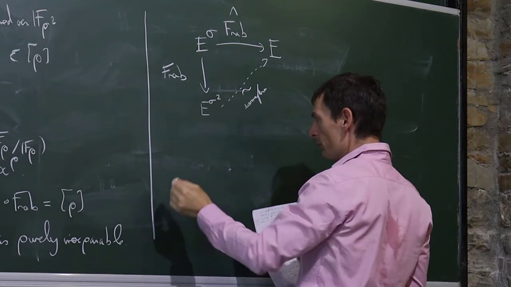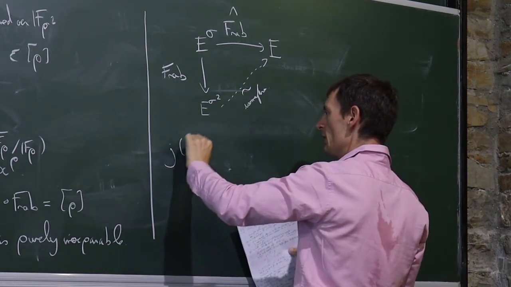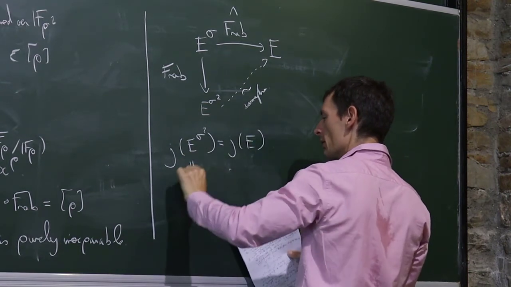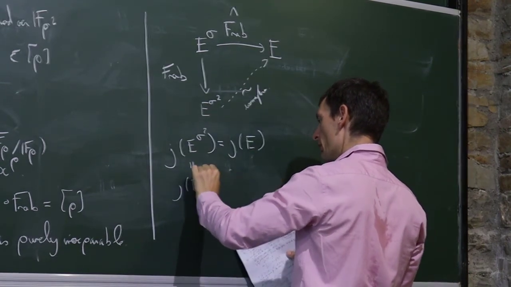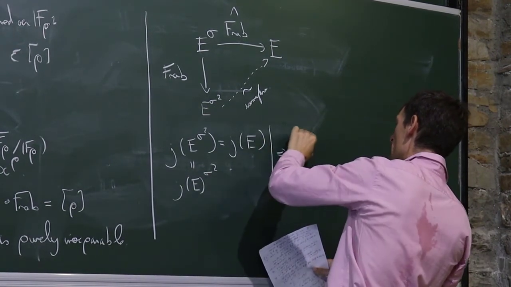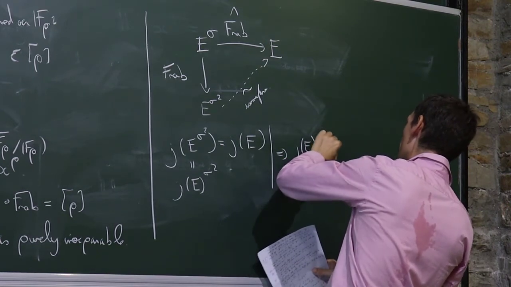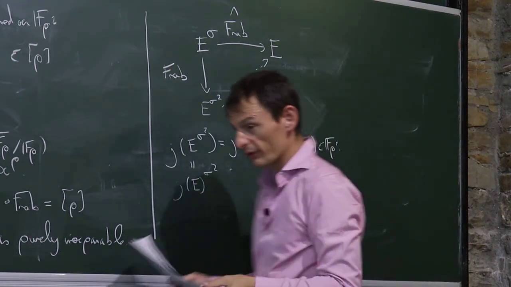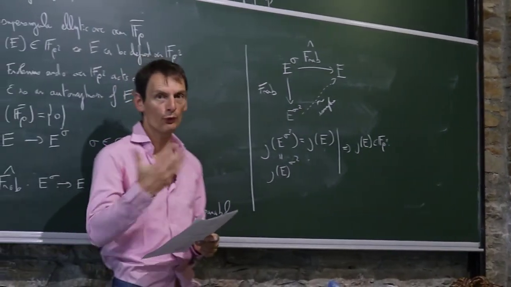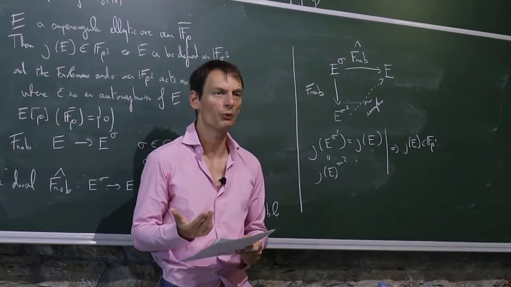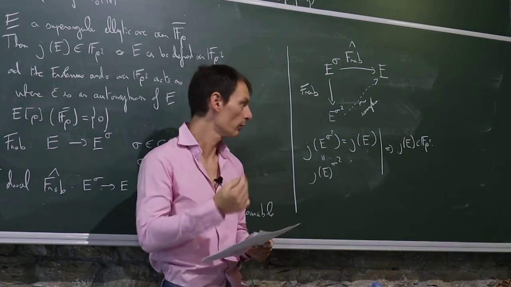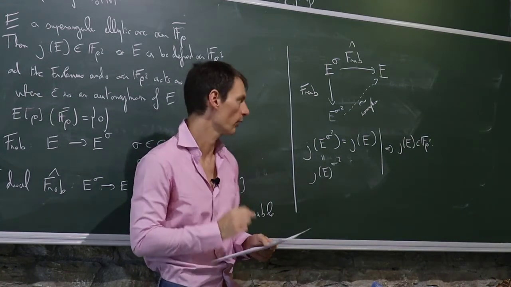But now if it is an isomorphism, the j-invariant of E^sigma² must be the j-invariant of E. And from this, you simply have that j(E) is inside Fp². And what is nice with elliptic curves is that when their j-invariant is defined over a field, you can see, for instance, using chapter 3 of Silverman's book on elliptic curves, that you can always write a model using this number, which is also defined over the same field.